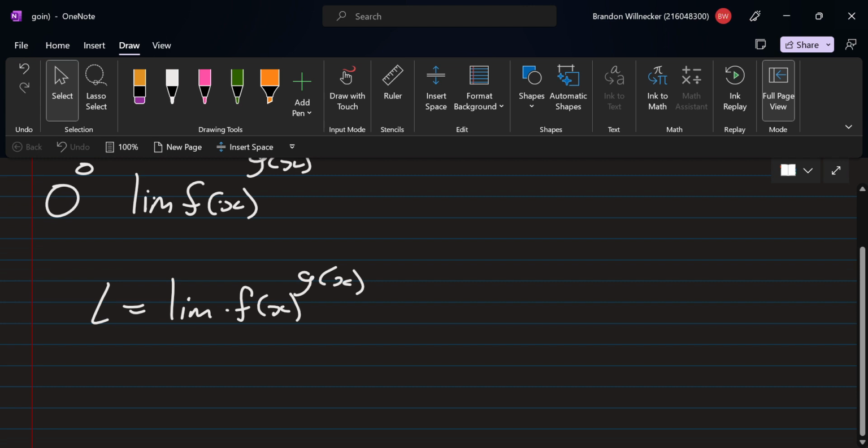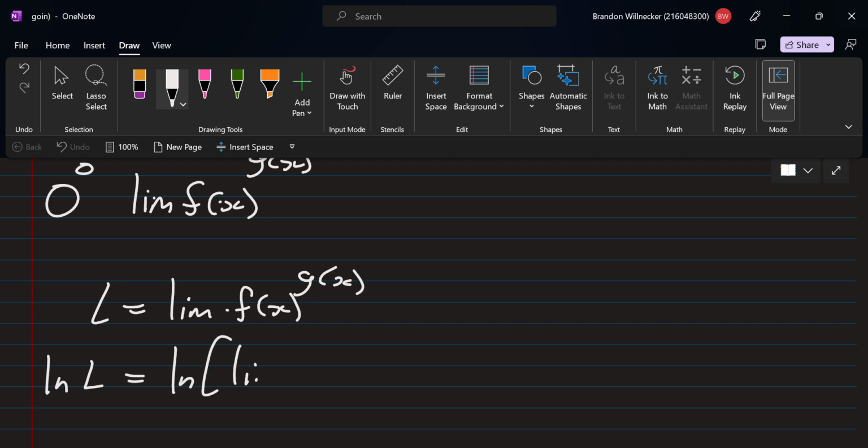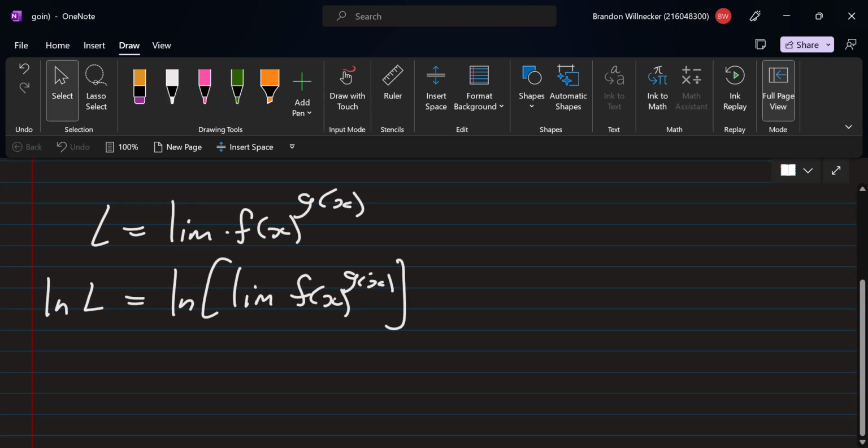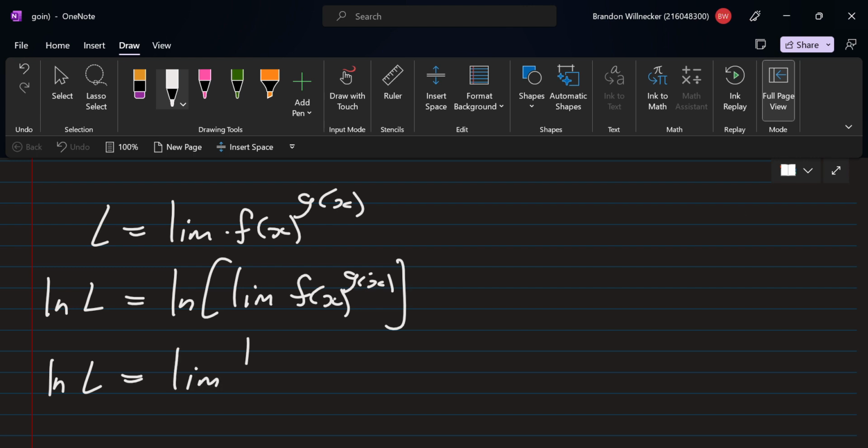Now I'm going to take the natural log on both sides. So the natural log of L is the natural log of the limit of f of x to the g of x. Again, the natural log is continuous, so we can take the limit outside of the natural log. The natural log of L is going to be the limit of the natural log of f of x to the g of x.